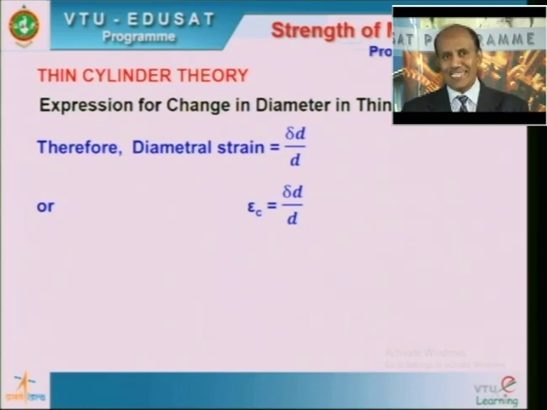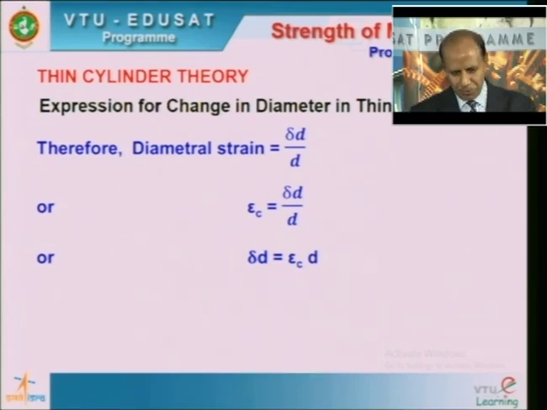But epsilon c, as you can clearly see, is delta d by d. What we want is delta d. How do we do this interchange? So delta d equal to epsilon c into d. Very simple. You want to calculate delta d? You can always do this, epsilon c into d. What is epsilon c? The circumferential strain. How do you calculate the circumferential strain? That is PD by 4T into 2 minus nu.